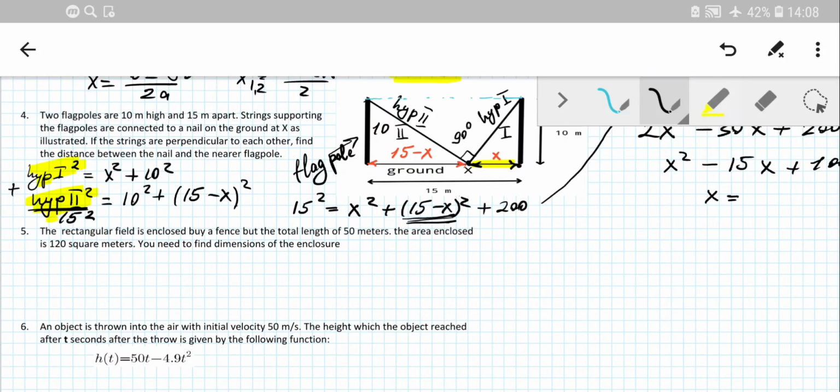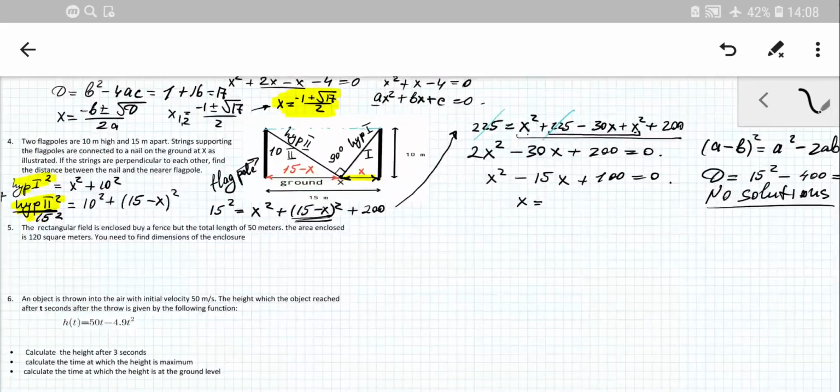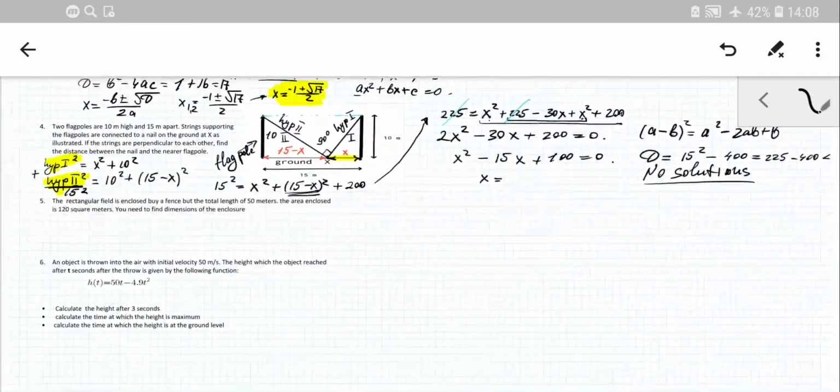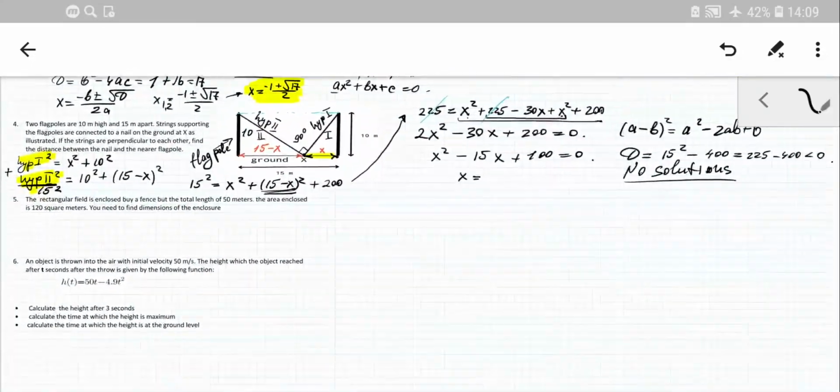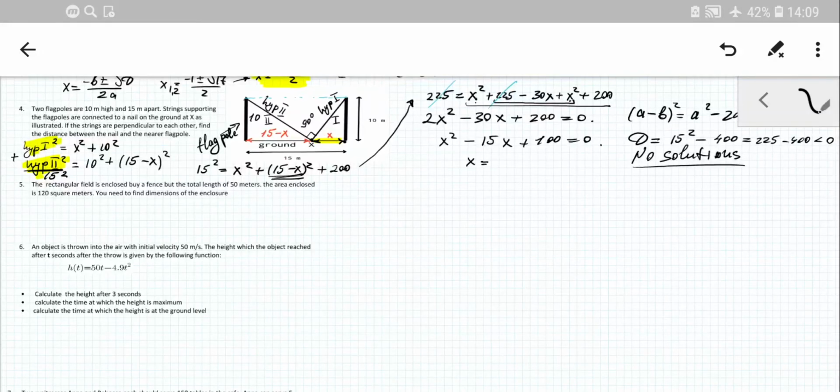It looks like maybe the distance instead of 15 should be more. The flagpoles need to be split apart by more than 15, and that's how it should work. So maybe next time I'll rearrange that. I'll use the same logic in the next video, and I'll try to set it up with a distance of more than 15 apart.